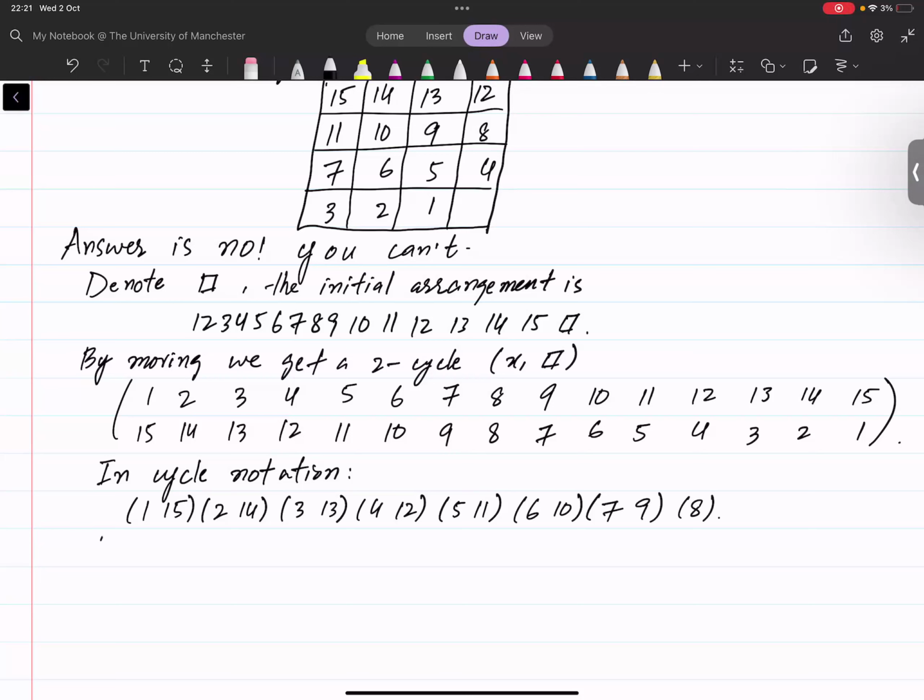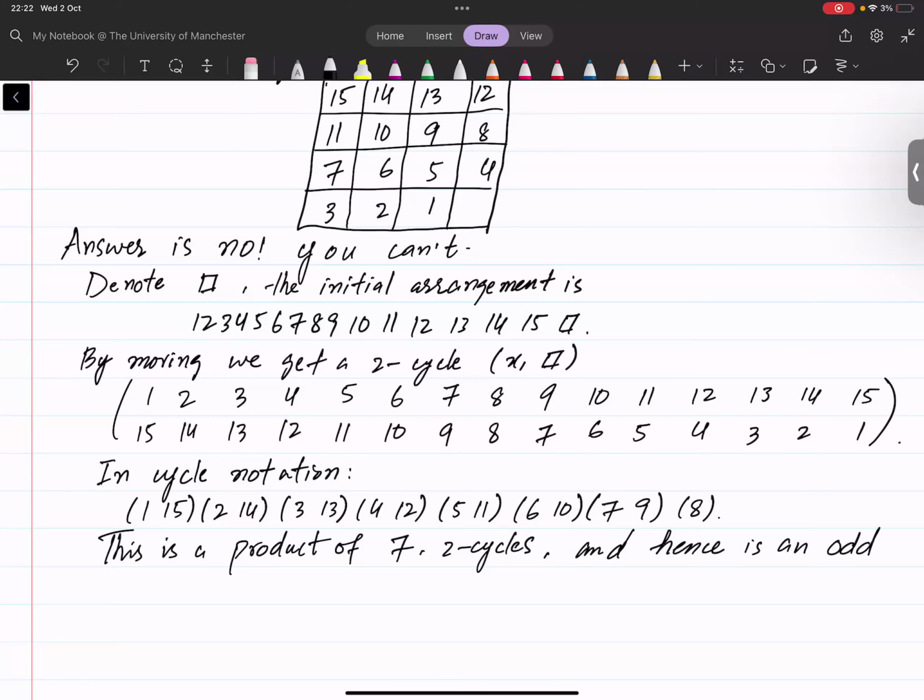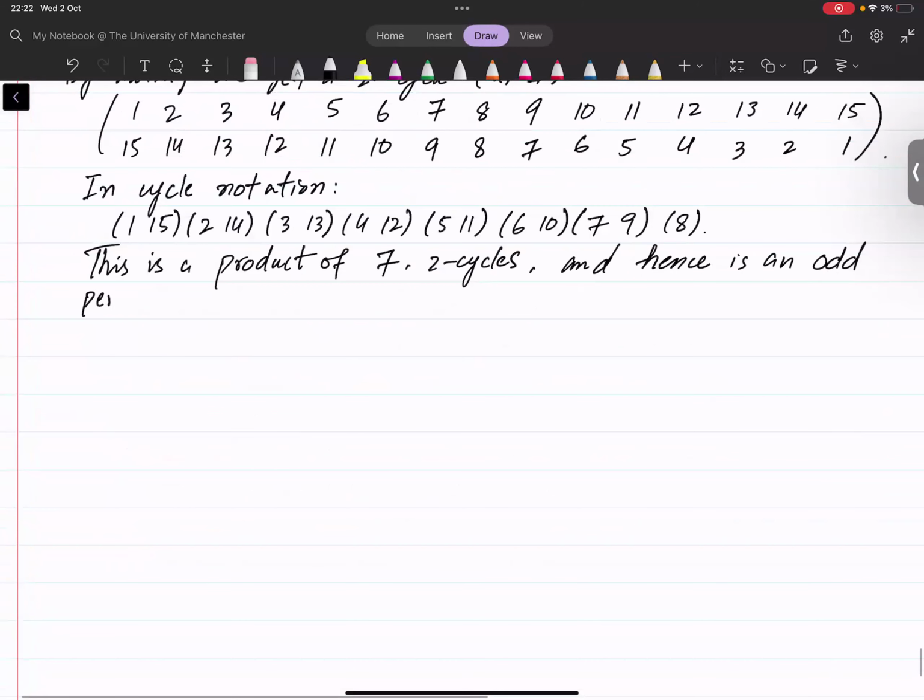This is a product of 7 two cycles, and hence an odd permutation.